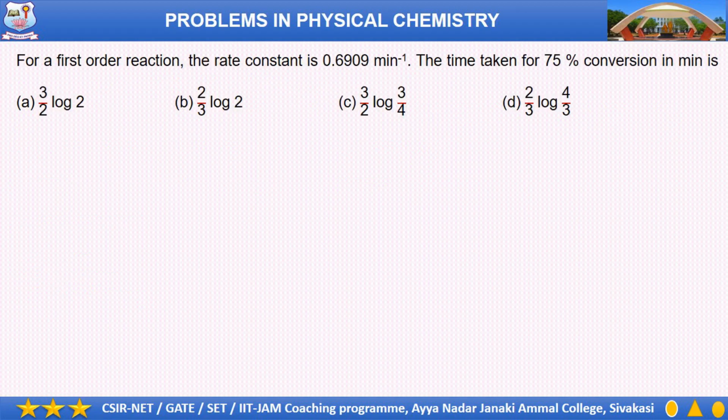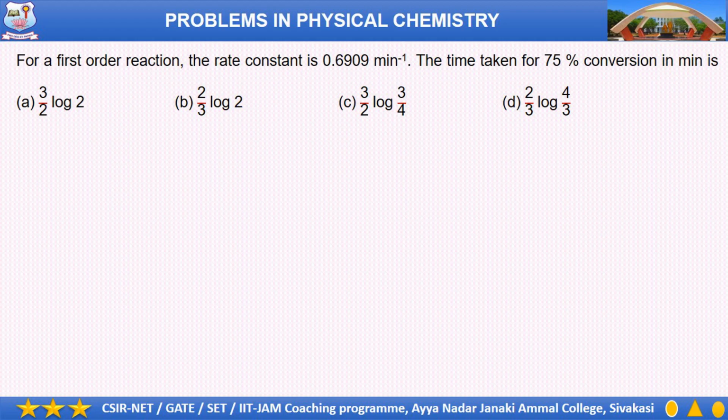For a first order reaction, the rate constant is 0.6909 per minute.